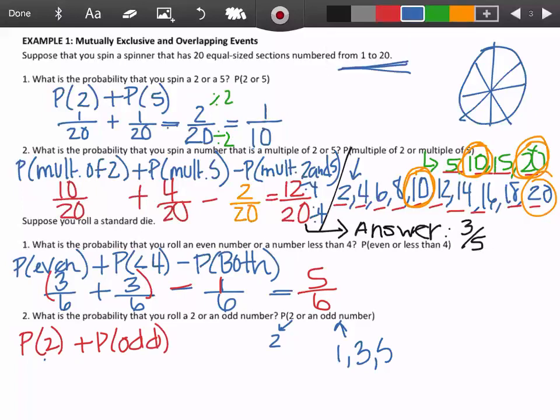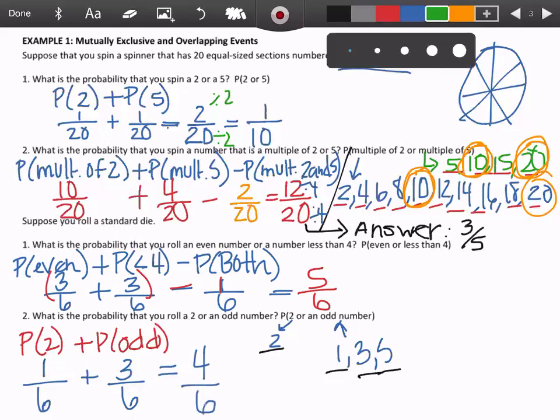So there's only 1 2 on a die, so it's 1/6, plus we have 3 odd numbers out of 6 possible numbers. And then double check, are there any numbers overlapping? Well, I see a 2, 1, and a 3, and a 5. None of those overlap, so we don't have to subtract anything out. We can just add these two. 1 plus 3, which is 4 over 6.